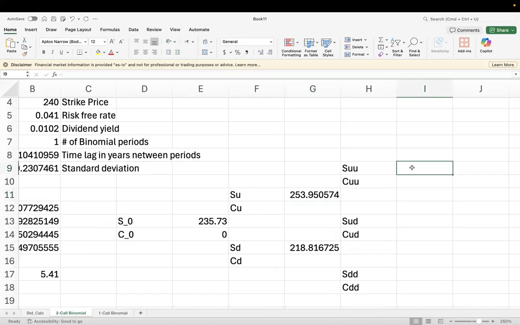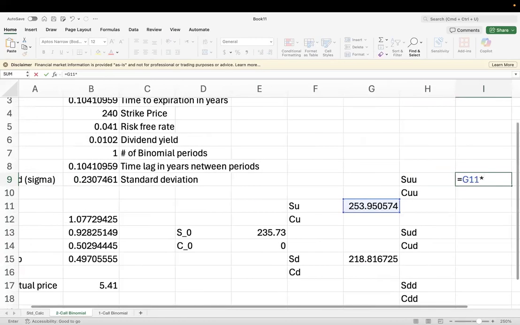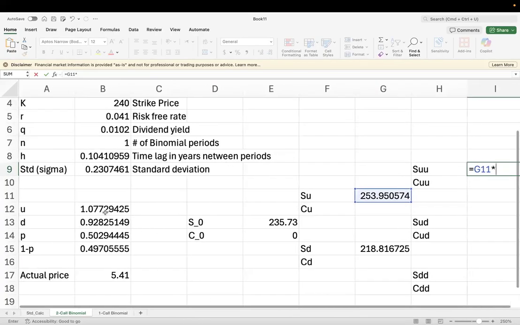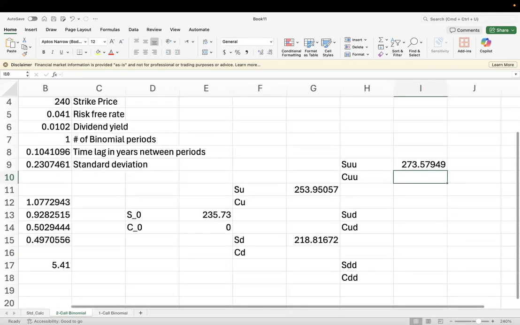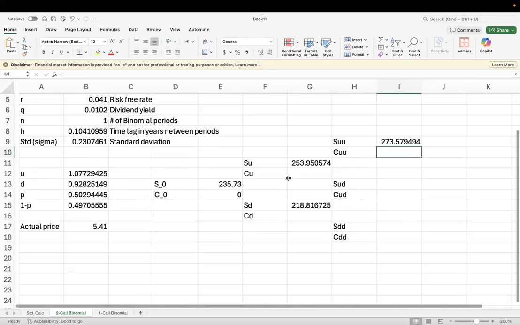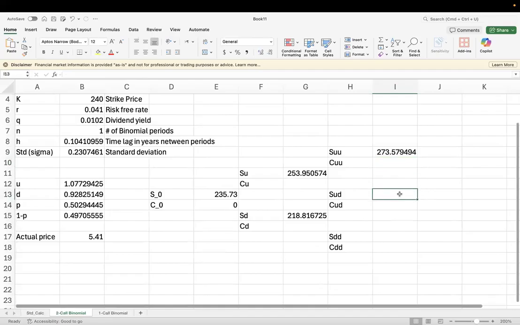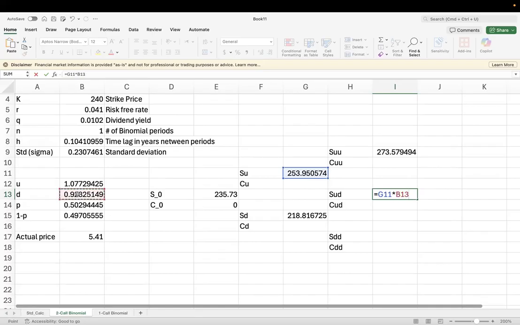So SUU is essentially this times U. Make this smaller, times U. And then SUD is this times D, which should be exactly S because the multiplication of U and D is 1.